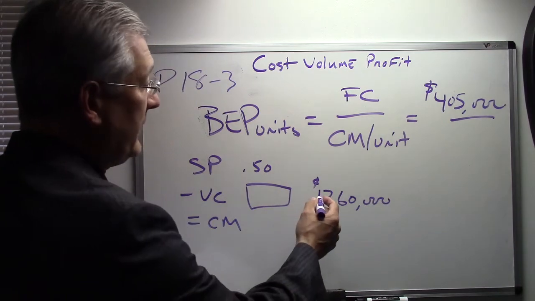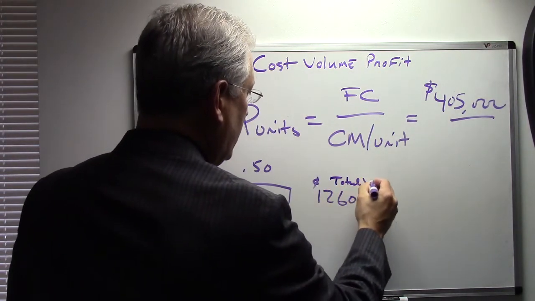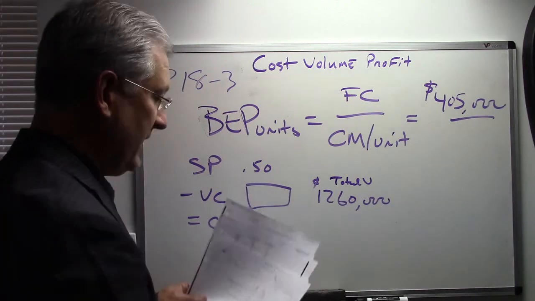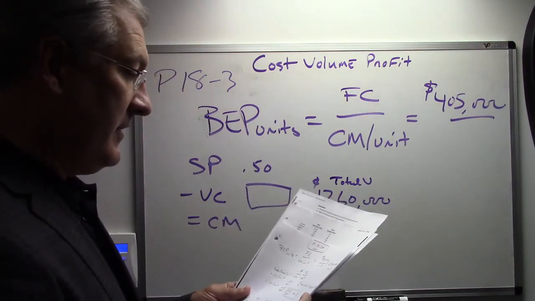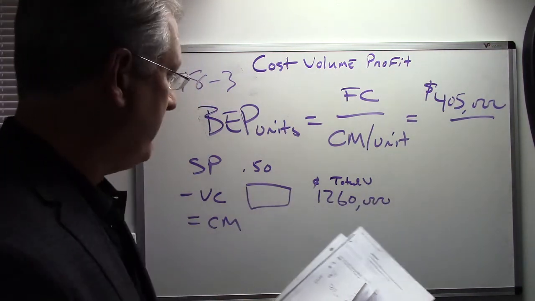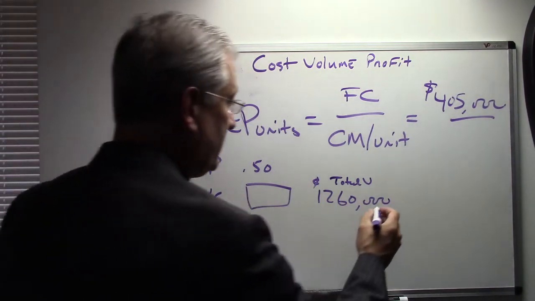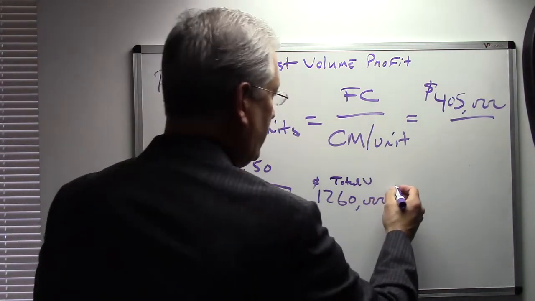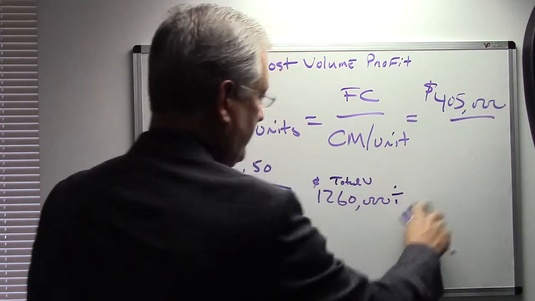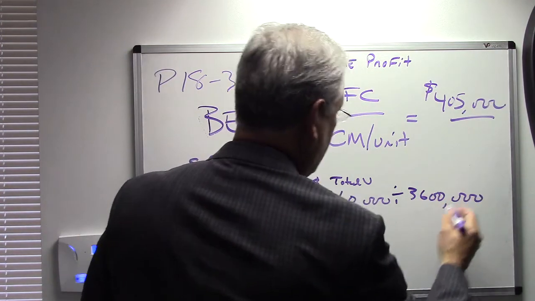So the total variable cost, right? Total variable cost is $1,260,000, and the number of units sold was 3,600,000 units.